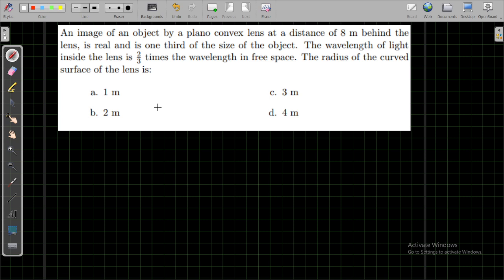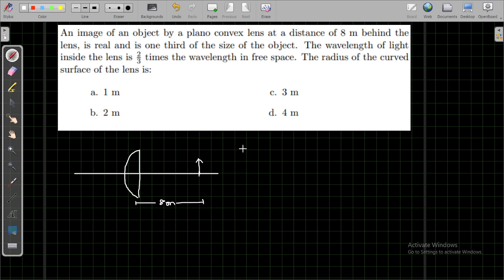Before we solve the physics problem, we should first visualize the problem. So let us draw the picture. Here is our plano convex lens. This is the principal axis. The image is formed at 8 meter behind the lens.